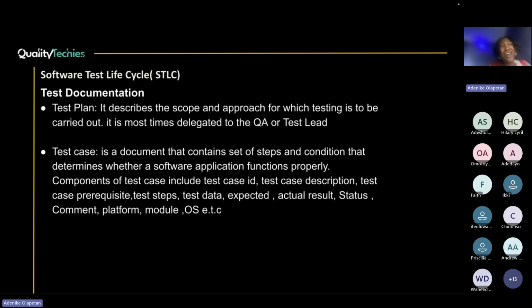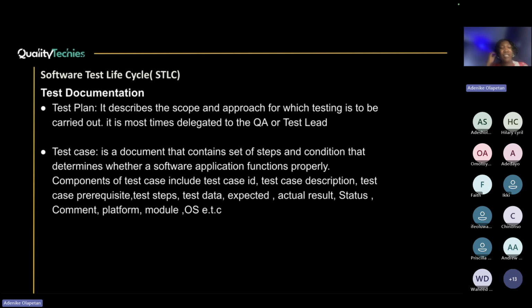So if you try to analyze it, we'll delegate that to the QA lead to start writing test plan for each of these products that are assigned to each of the QAs. And most times they can assign a minimum of like 5 to 6 projects for each of the QAs. You can see this is a lot of work for the QA lead.